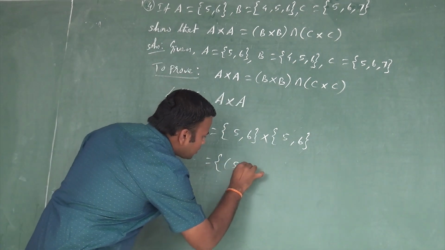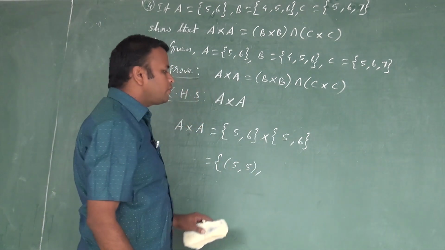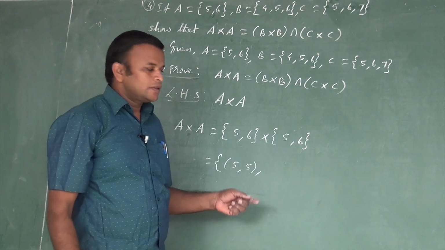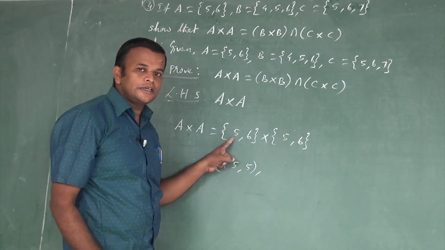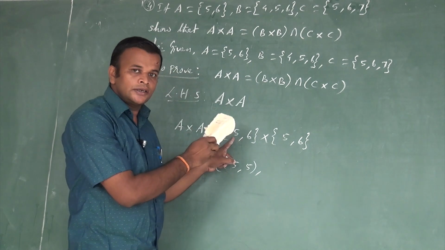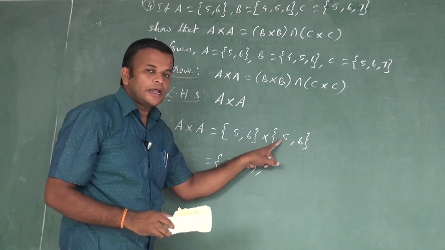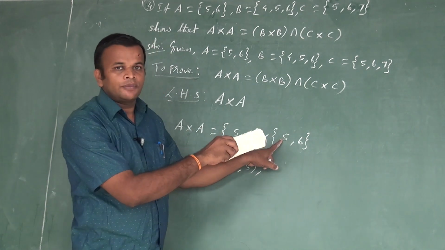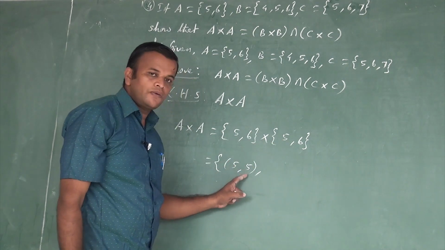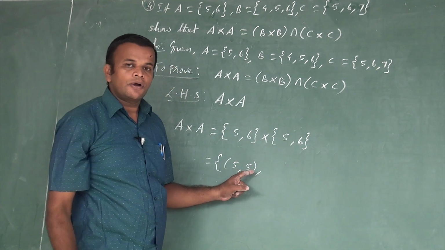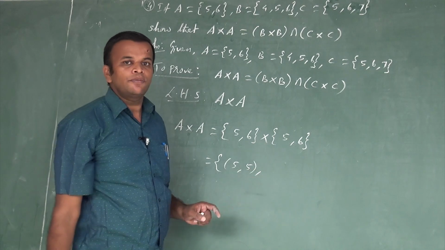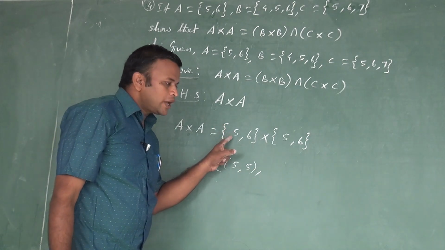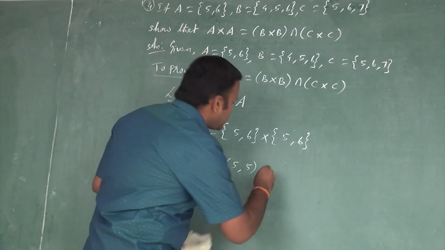It is 5 comma 5. Do you see how 5 comma 5 comes? The element 5 lies as the first element in the first set, and one more 5 lies as the first element in the second set. So it is the first possible ordered pair, 5 comma 5. So what is another possible ordered pair? It is 5 comma 6.